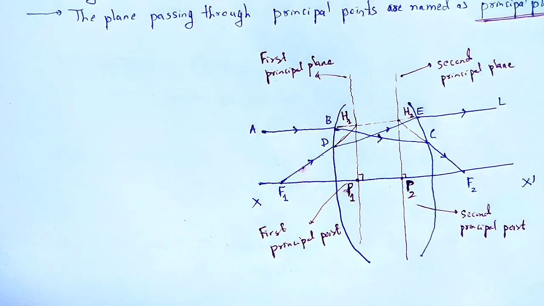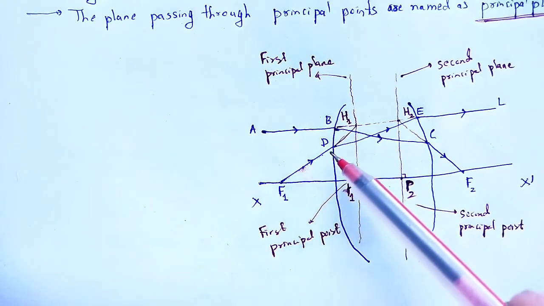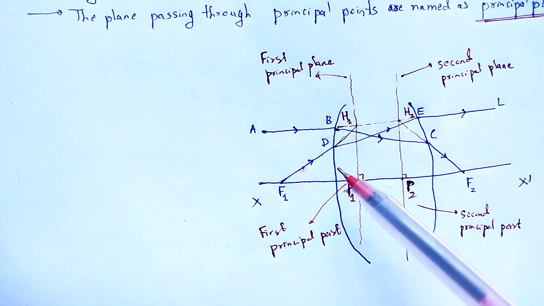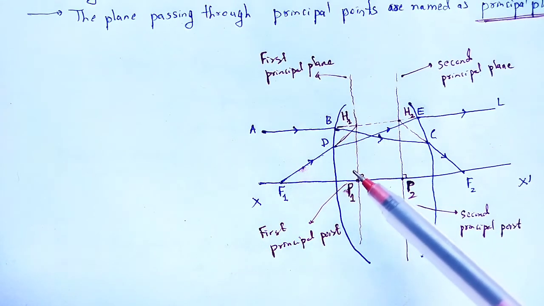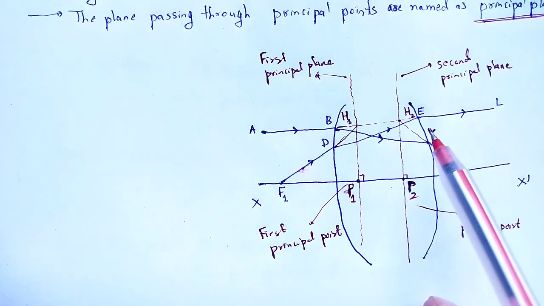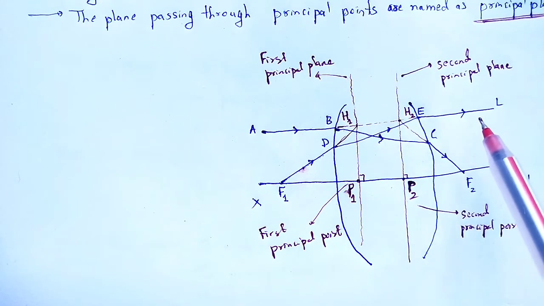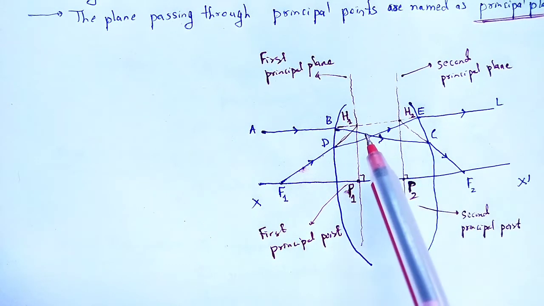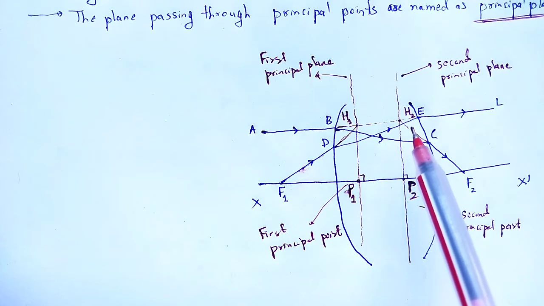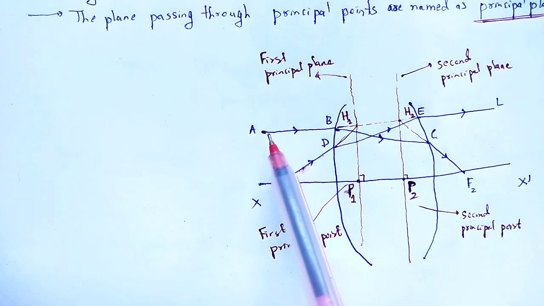Look here, the incident ray F1D is so chosen that the corresponding emergent ray EL lies at the same distance above the principal axis as the incident ray AB.